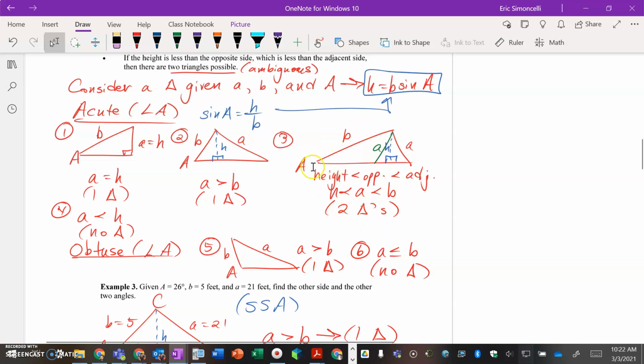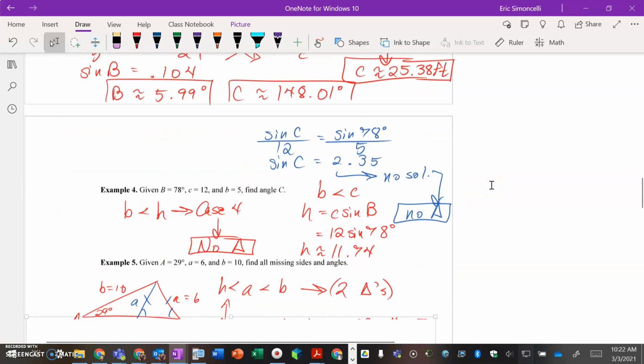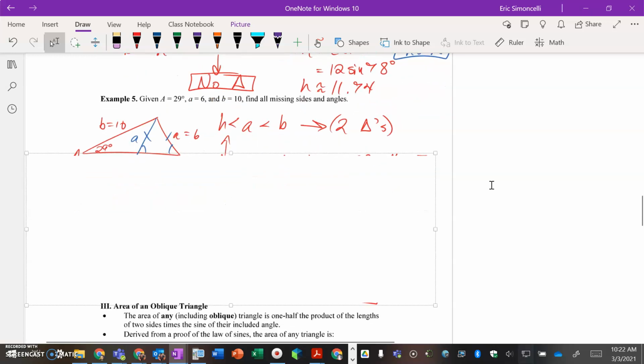This is the situation where A is acute, side A is opposite angle A, side B is adjacent, and therefore A, as you can see, is less than B. So in effect, H, which is here, the height of the whole triangle, is less than A, which is less than B. So there are two triangles, at least by virtue of the picture. By virtue of the actual values, we can see that to be the case also. We still have to find the height and do other analyses as we progress.